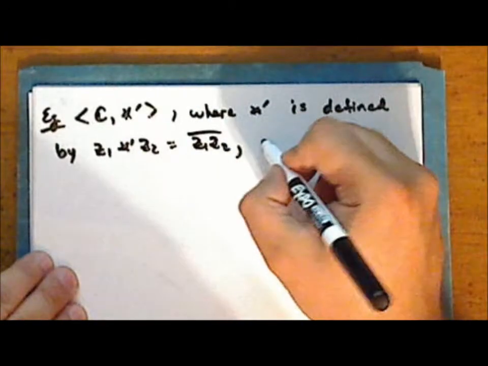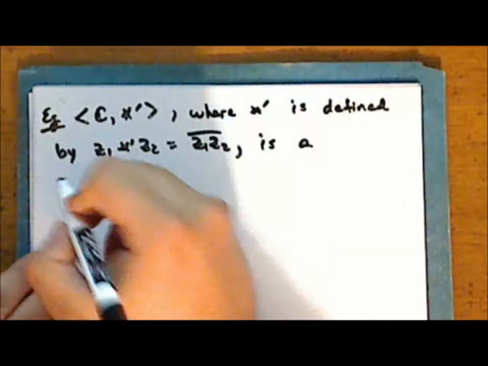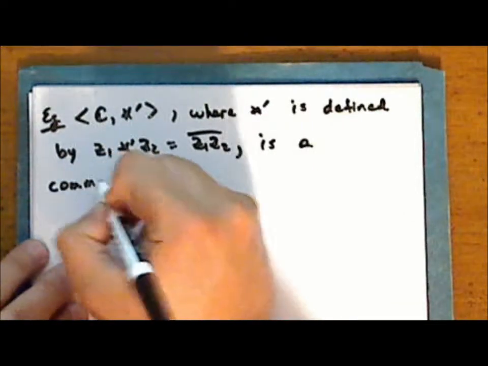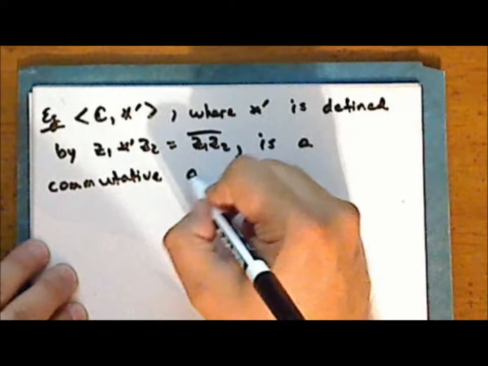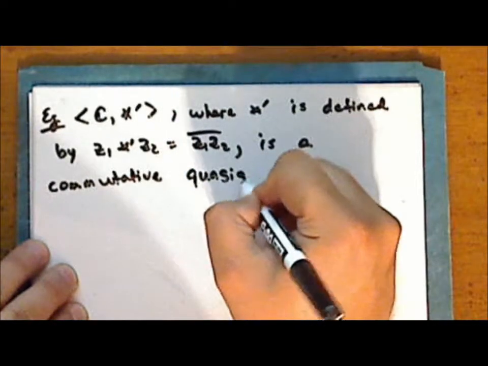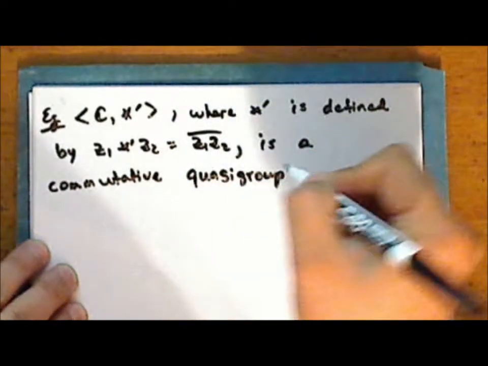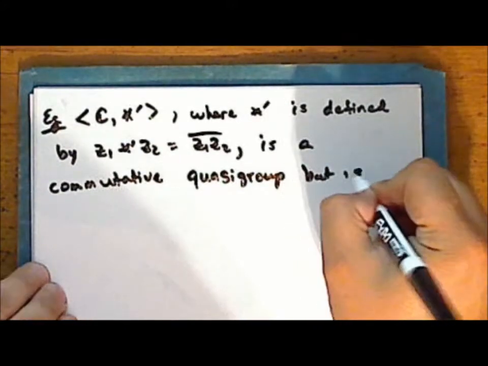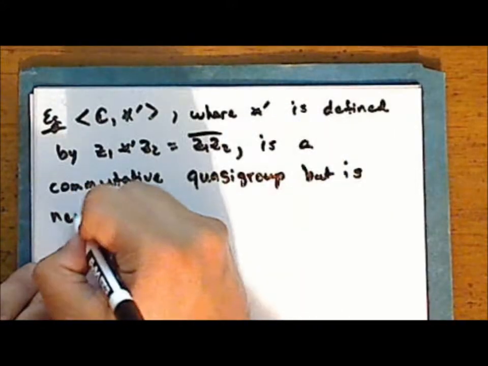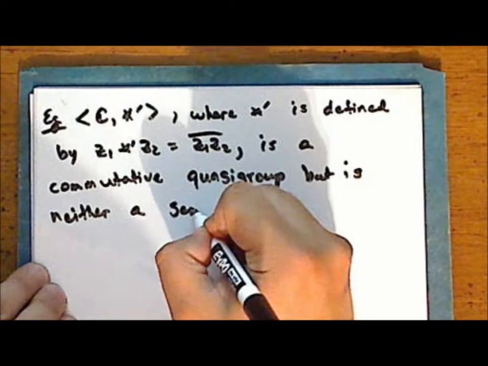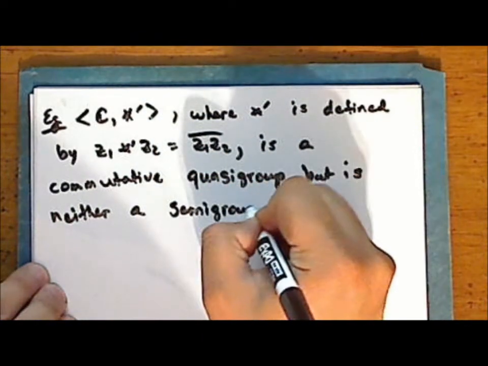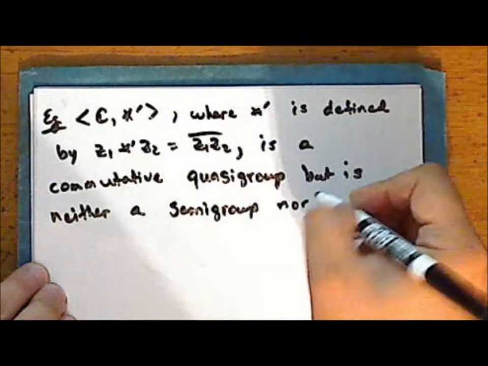The structure is a commutative quasigroup but is neither a semigroup nor a loop.